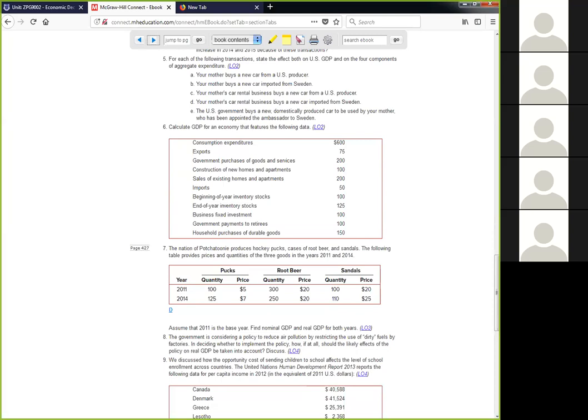Like I say, inventory investment is the addition of unsold goods to companies' inventories. The addition. Remember, we already went through the process. What they say there is, inventory investment is the addition of unsold goods to companies' inventories.